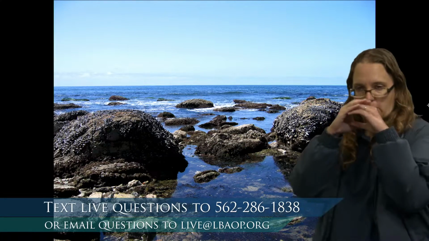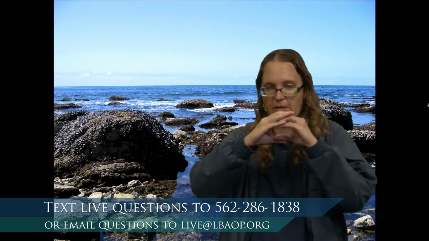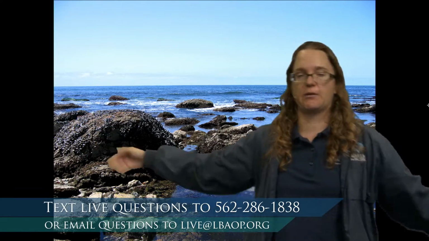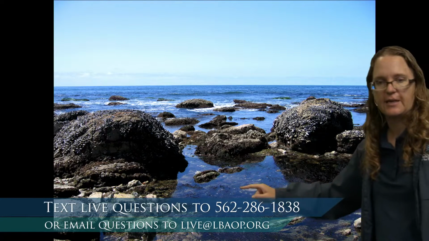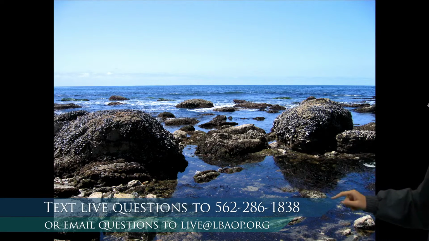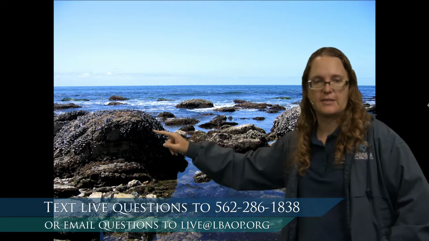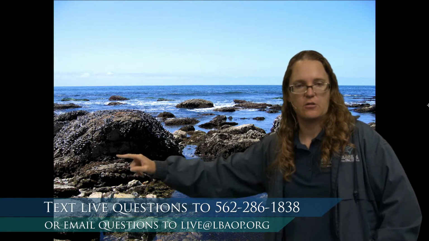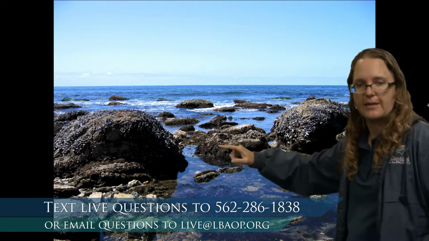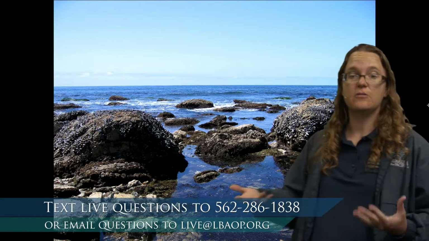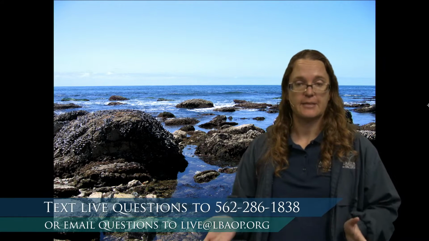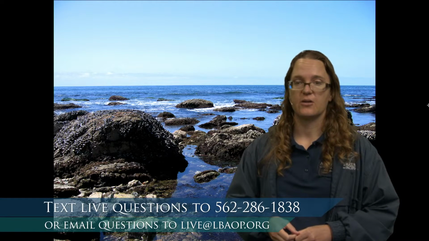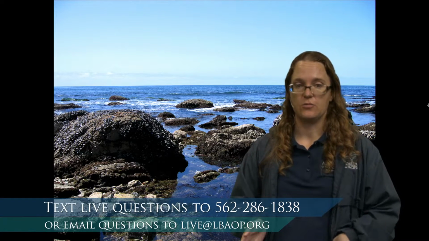Sometimes they're really small pools, like teacup size. Sometimes they're swimming pool size. They can be really big pools of water. And then you have all sorts of animals that live in the pools of water. You can see there's even some friends that live up on the rocks too. It looks like there's some mussels hanging out on these rocks. And it makes this really unique home for a lot of different animals.